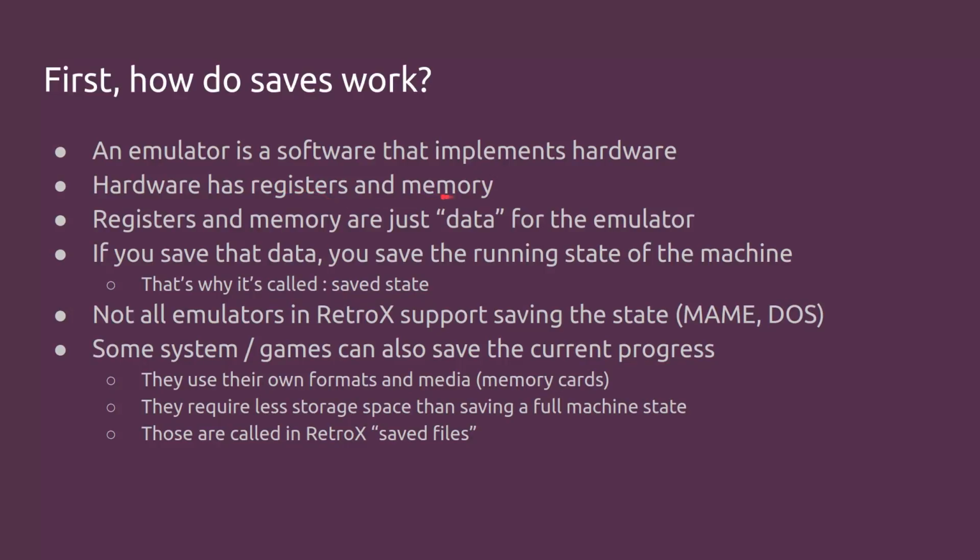If you save the registers and the memory of the machine, you are saving the running state of the machine. That's why it's called a saved state. At any moment, the emulator can load this data, and the CPU and the other processors of the hardware being emulated will load the state and will never know that the machine was shut down, for example.